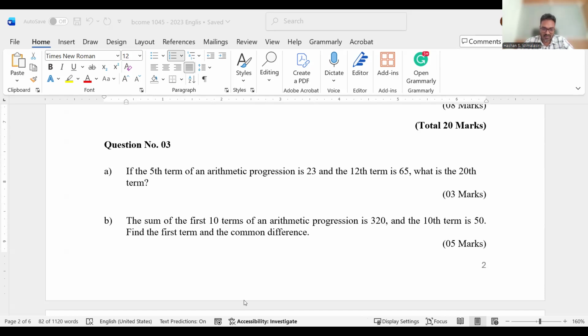In here, what you can do is, the first thing you have to do is develop two equations for this one. Let's see.